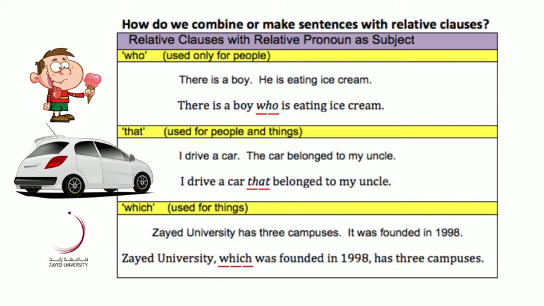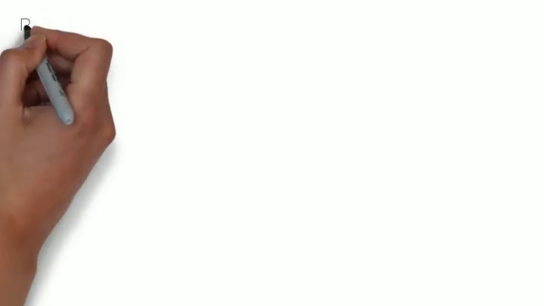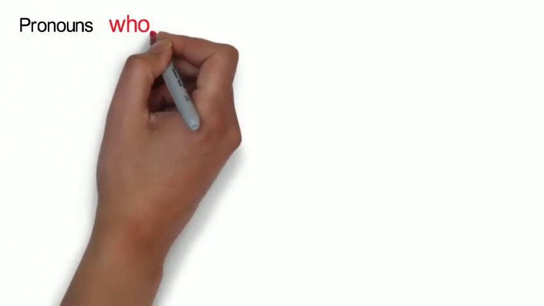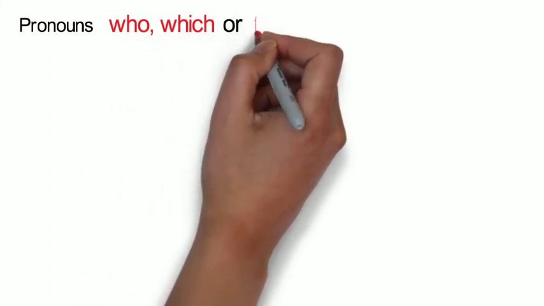Always remember that relative clauses can come after nouns to give more information about the noun. The information is extra and not always necessary, but it helps to identify nouns and to give more information. So, as mentioned earlier, relative clauses have one of the following pronouns, who, which, or that.